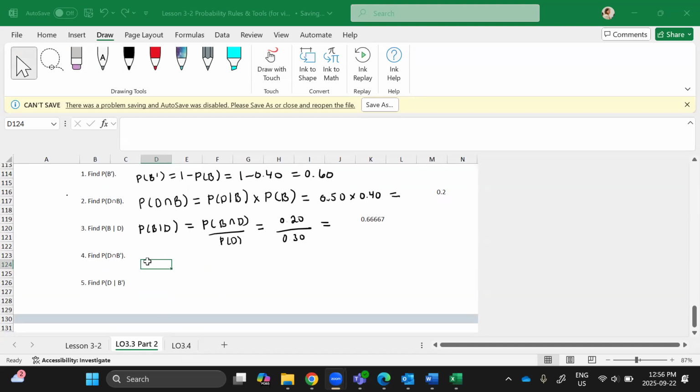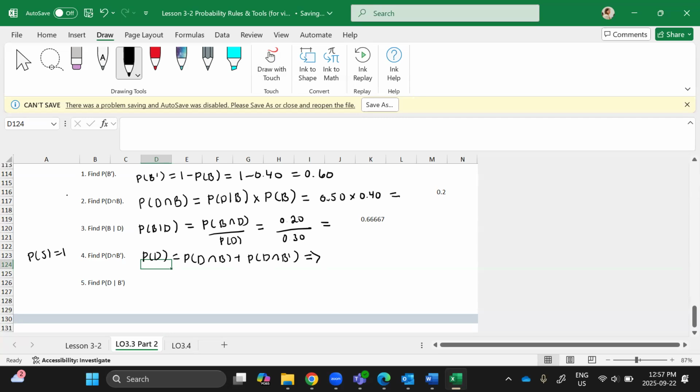But for now, let me just give you a relation back to that the probability of an entire sample space is 1. We know that the probability of getting a DVD would also be equivalent to the probability that you get a DVD and a book, or you get a DVD and do not get a book. You get a DVD by itself is what that's saying as well. You get a DVD and a book, or a DVD and not a book.